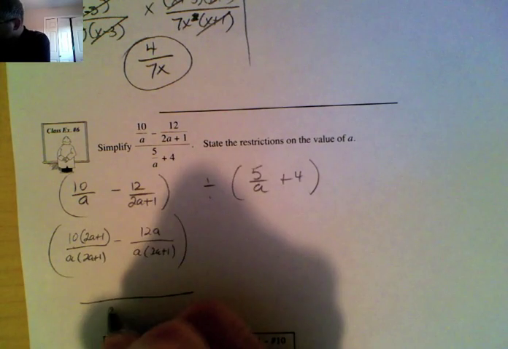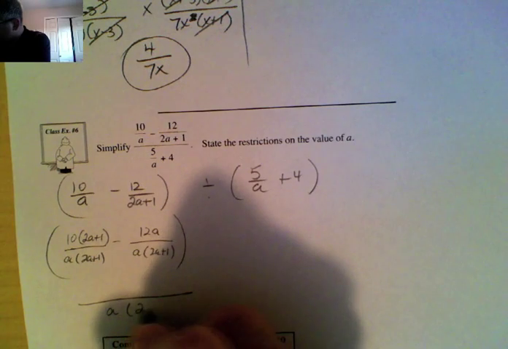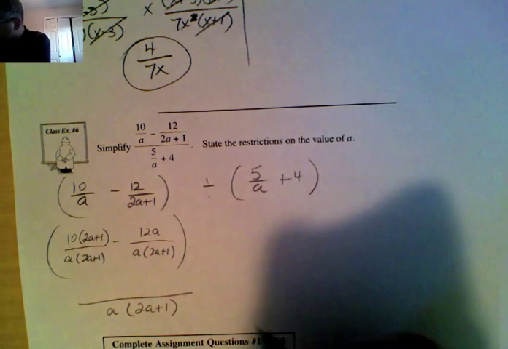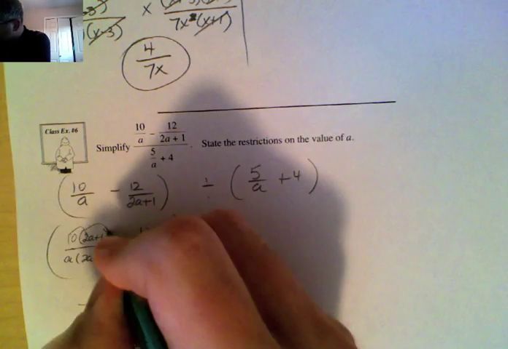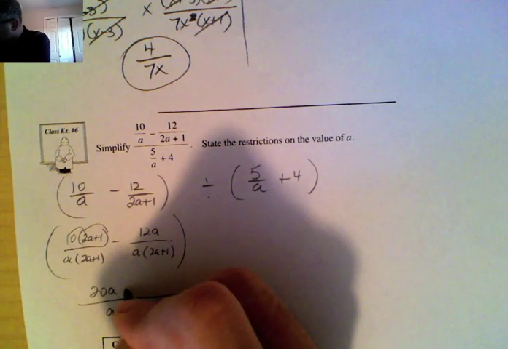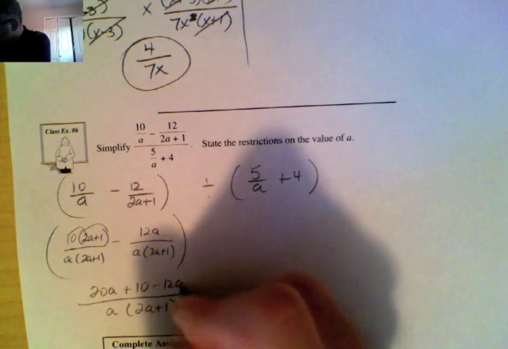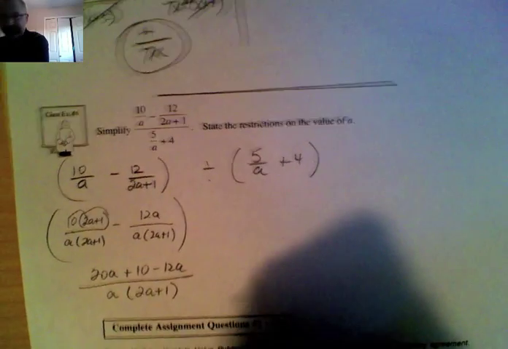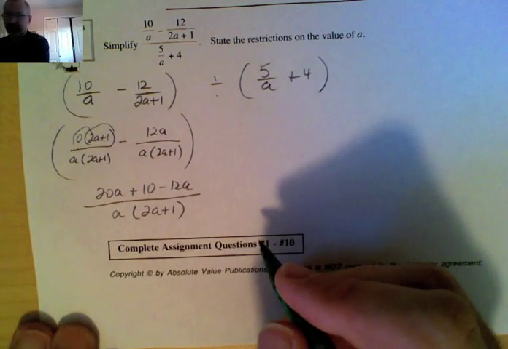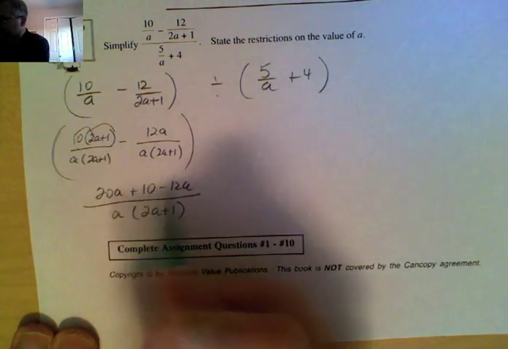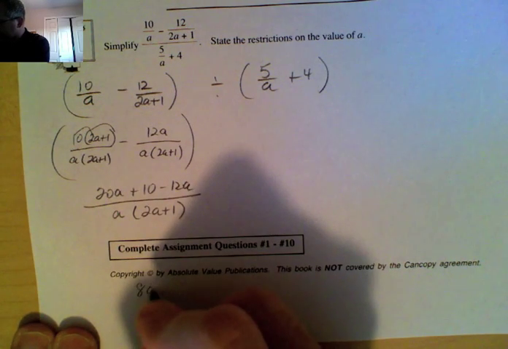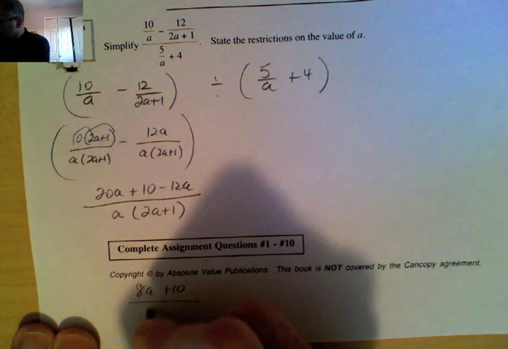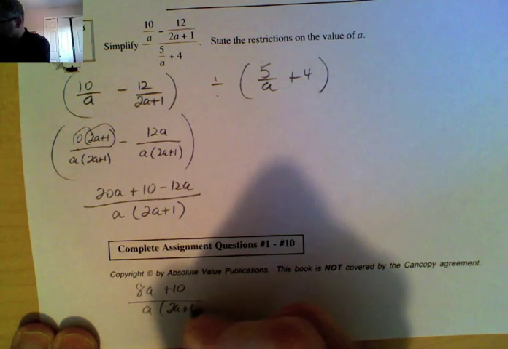So our common denominator is going to be a times 2a plus 1. If I expand this, I get 20a plus 10 minus 12a. So if I simplify that, 20a minus 12a is 8a, plus 10 over a times 2a plus 1.